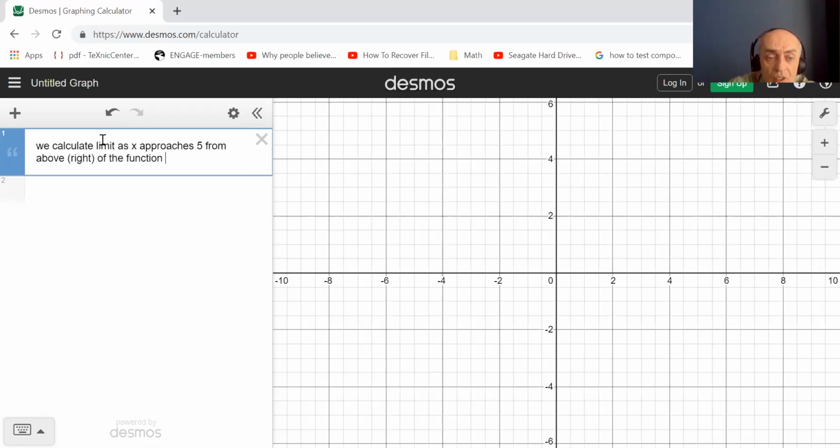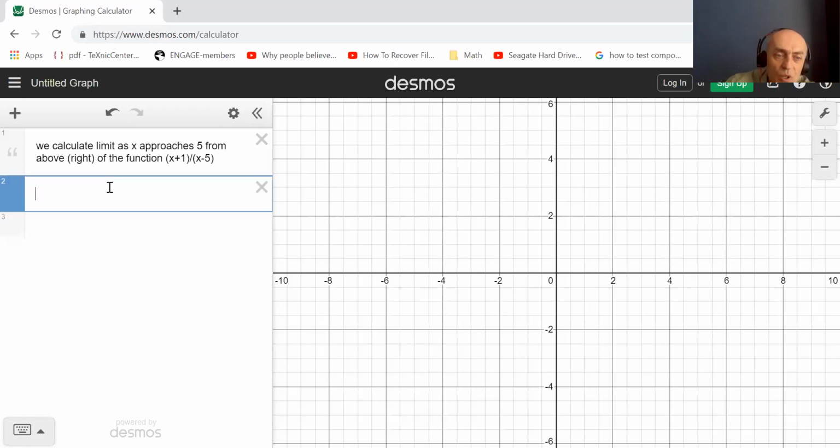And the function here was x plus 1 divided by x minus 5. Unfortunately, this doesn't allow me to write the function nicely because I'm typesetting here, but you get the idea. We use parentheses just like that.